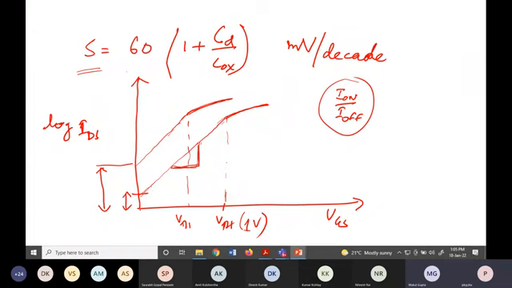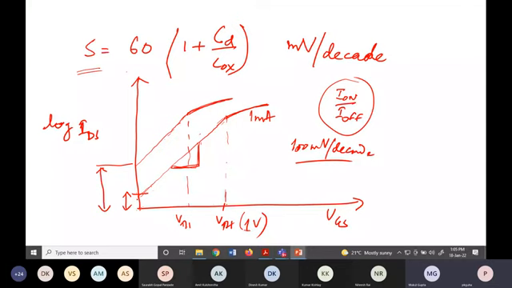So when VGS is 0, whatever the IOFF is, say here if it is 1 milliamp, and if we say 100 millivolt per decade is the subthreshold slope S, then after 1000 millivolt of cushion, you will see a 10 order of magnitude reduction of current.